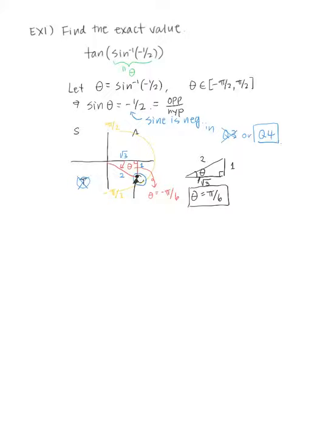If you want to plot this point right here, our x value, or the a, is square root of 3, and then b, or the y value, is negative 1. Now, since negative pi over 6 is between negative pi over 2 and pi over 2, we're good to go. Let me write that out.